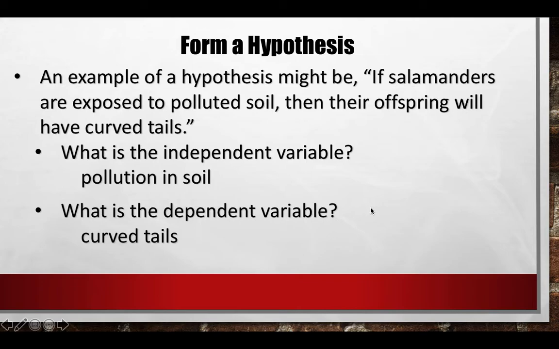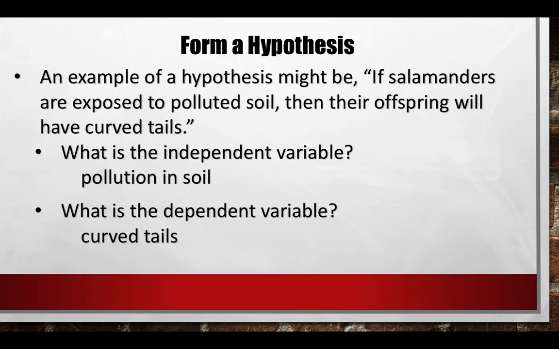Now let's go back and think about that phrase. The dependent variable depends on the independent variable. So as we look at these two, pollution in soil, curved tails, which one depends on the other one? Well, curved tails, the shape of the tail, the scientists think depends on whether or not there's pollution in the soil.